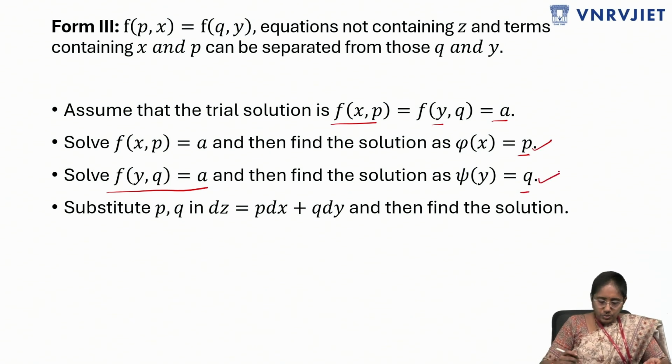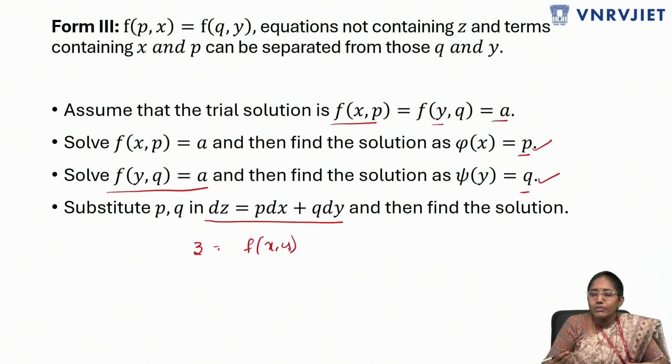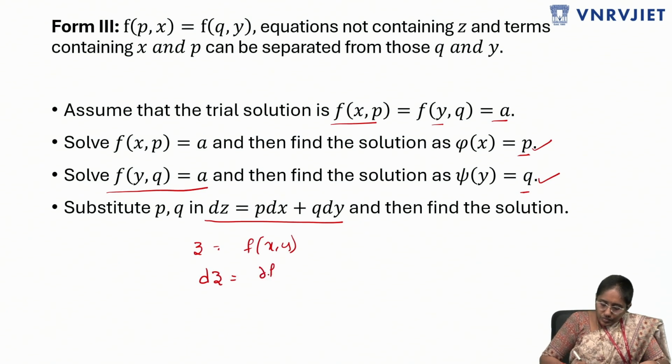Substitute these p and q in dz is equal to p dx plus q dy. Why are we substituting in this? Because z is a function of x and y. So z as a function of x comma y is the solution of the partial differential equation, and by total derivative, dz is equal to dou f by dou x into dx plus dou f by dou y into dy, which is nothing but p dx plus q dy.